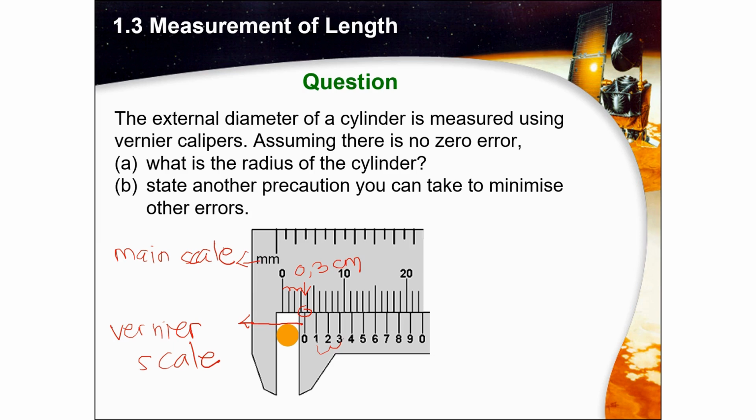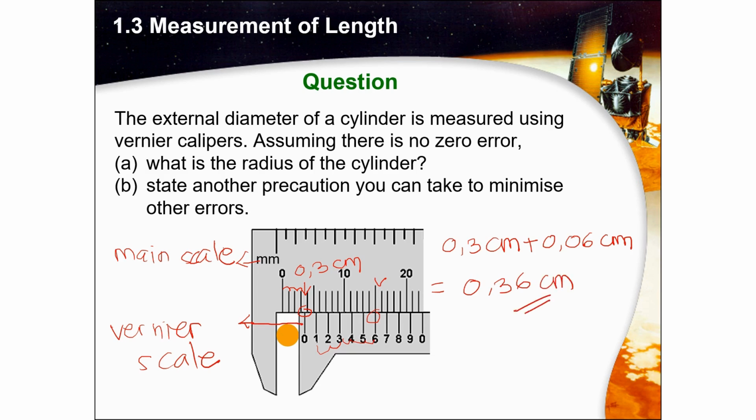So we have 0.3 centimeter plus 0.06 centimeter. If we add this, we have 0.36 centimeter. I hope this one is clear for you. Let's see another example.